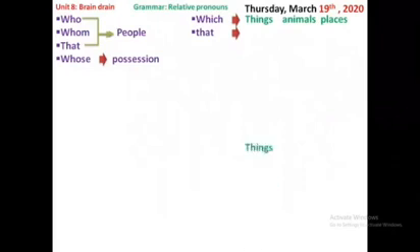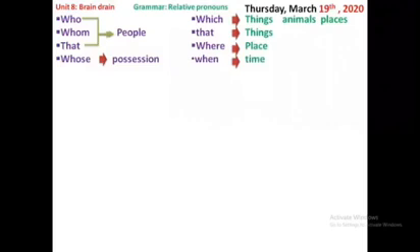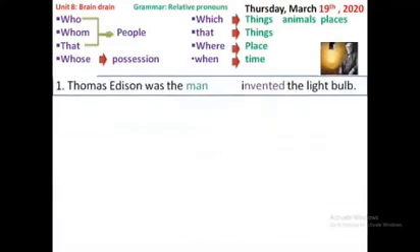That refers to things. Where refers to places. When refers to time. Where and when are used as adverbs too, but many times we use them as relative pronouns.